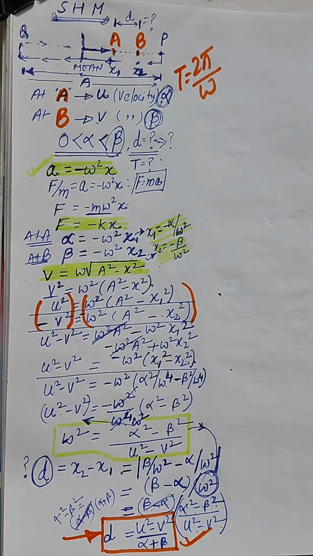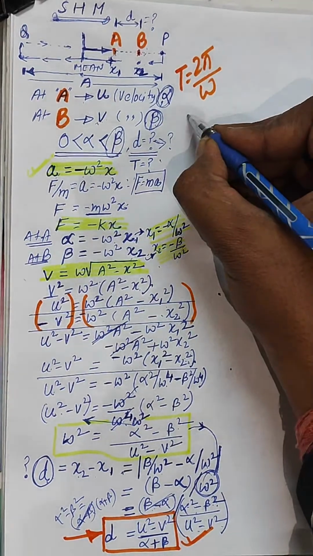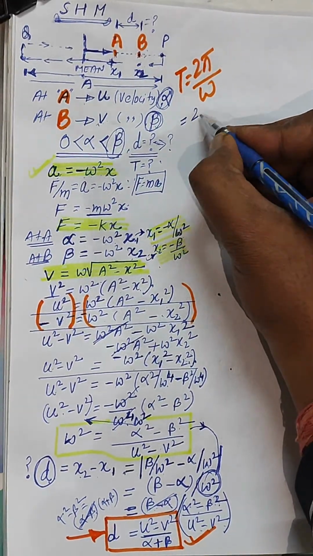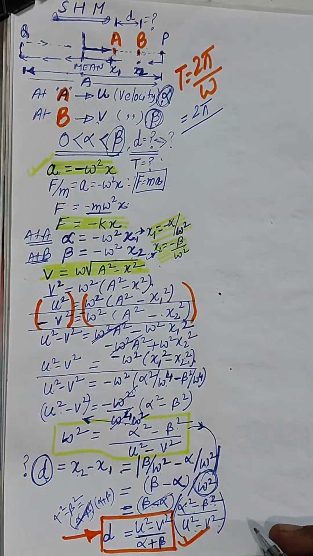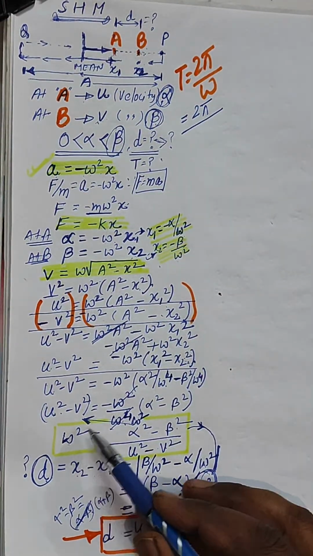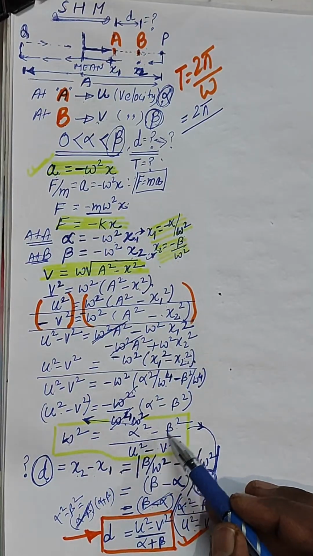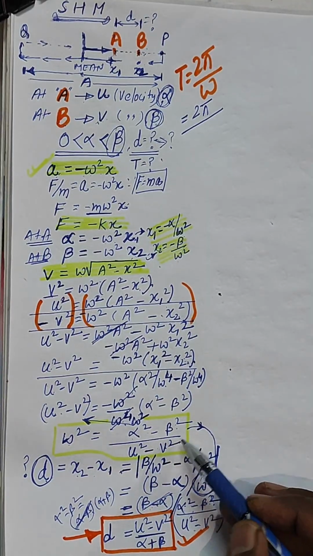And we just put up the value of omega over here. Just put 2 pi in the numerator, and in the place of omega, what is the value of omega? Omega square was alpha square minus beta square by u square minus v square, right?